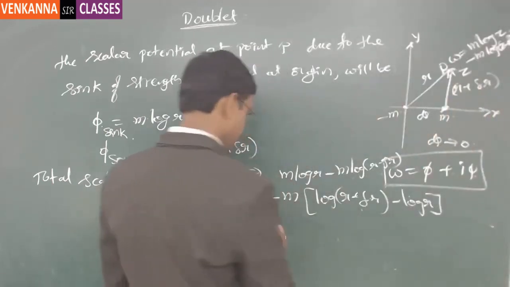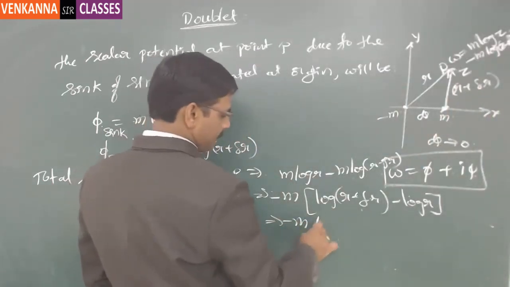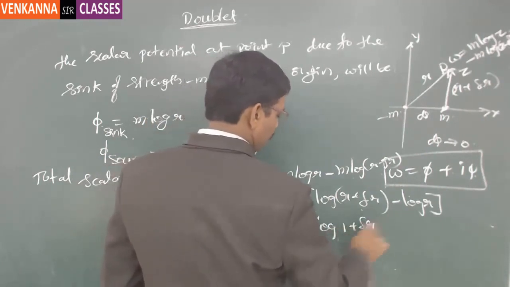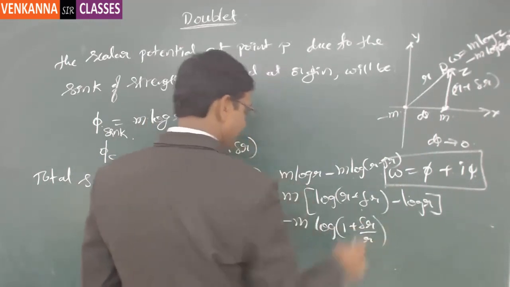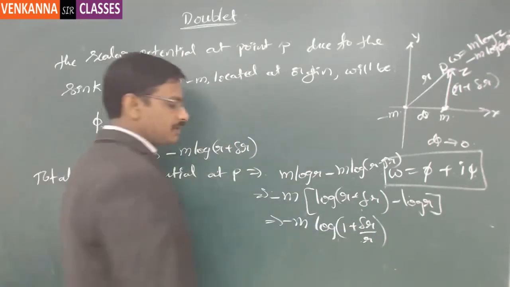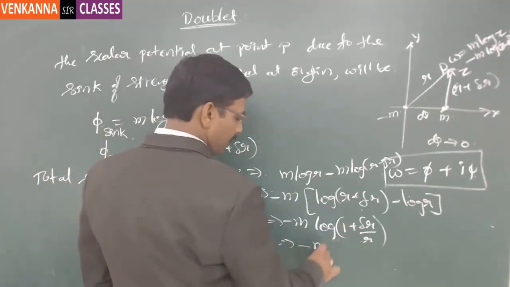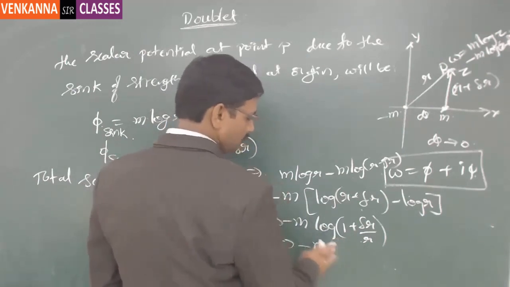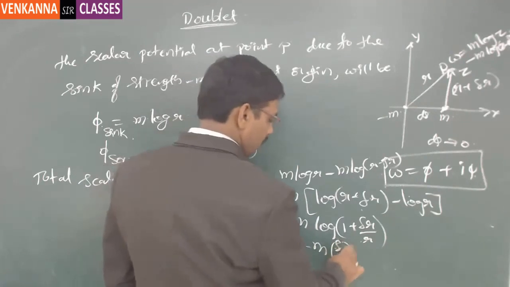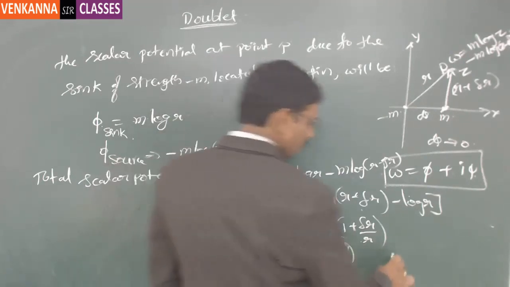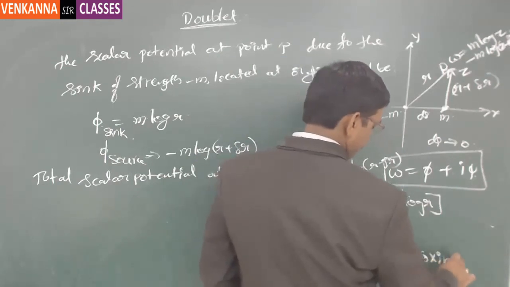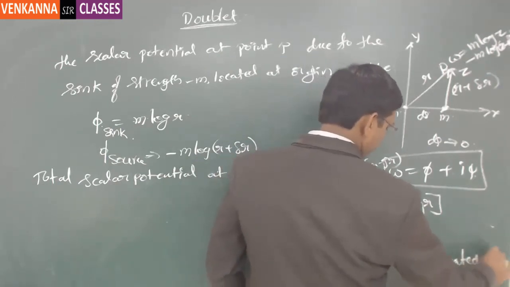Then this is minus m log of 1 plus delta r by r. Now if you expand with the help of the log 1 plus x expansion, this will be minus m log of, so x is the first term, and x is nothing but delta r by r, approximated to the first term.